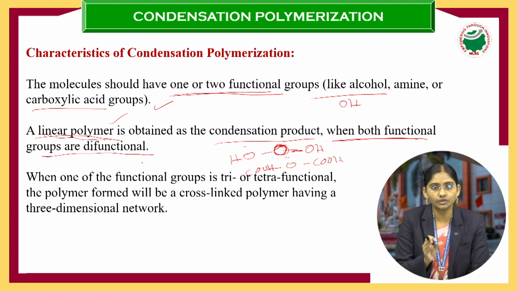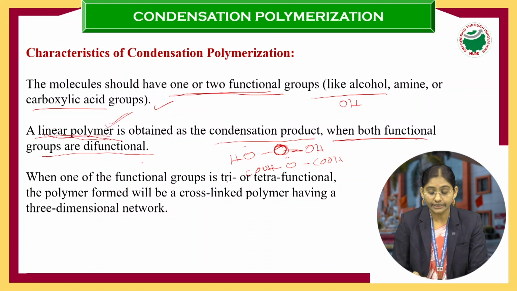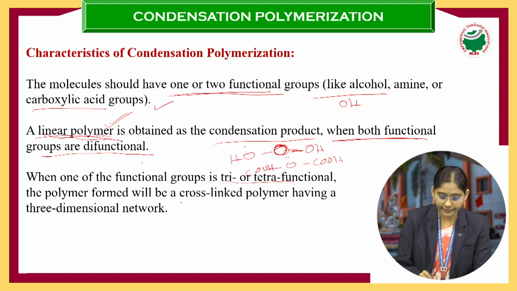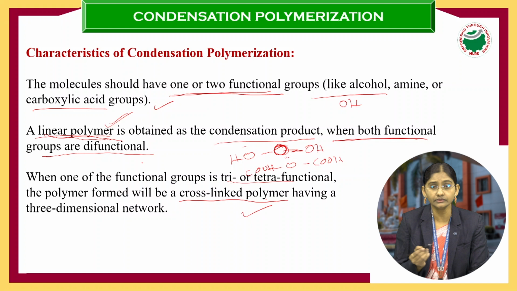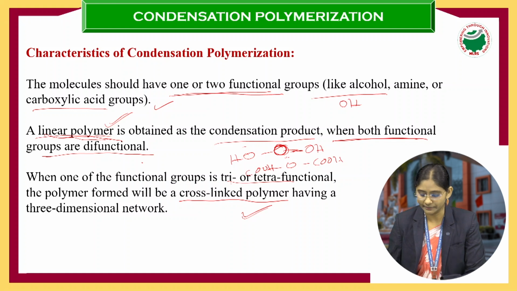So if two functional groups are attached to the monomer, a linear polymer is formed, and if more than two functional groups, that is three or four, tri or tetra functional groups, are attached to the monomer, it leads to the formation of a cross-linked polymer. The best example for the cross-linked polymer is bakelite. Clear? So these are the main characteristics of condensation polymerization.